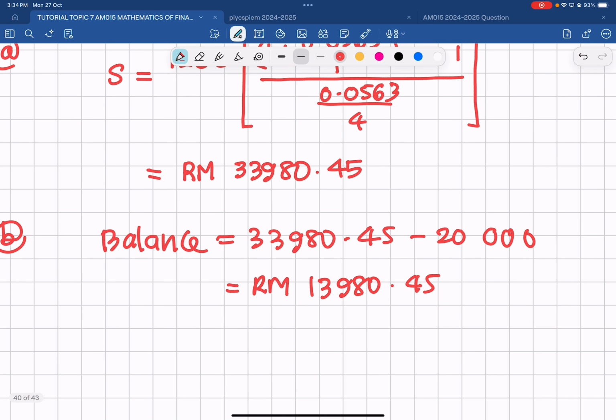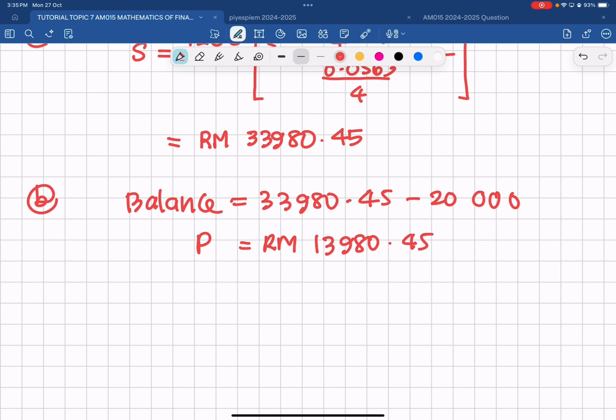So the balance is actually a P now. Since dia dah tak buat annuity, annuity dia dah stop, this is an accumulated value. So dia akan jadi compound amount, ataupun compound interest pun betul.